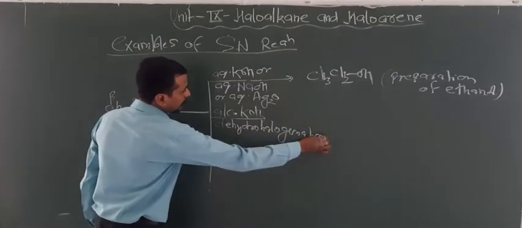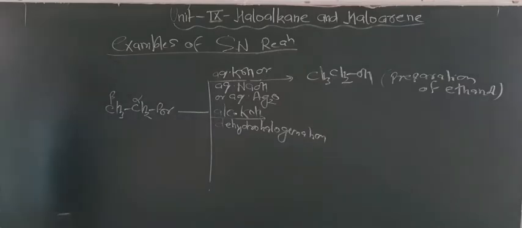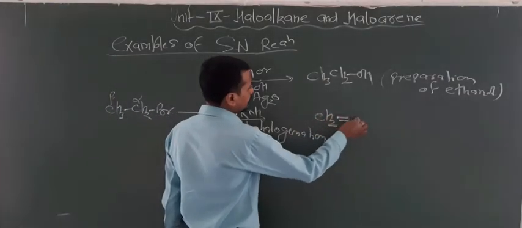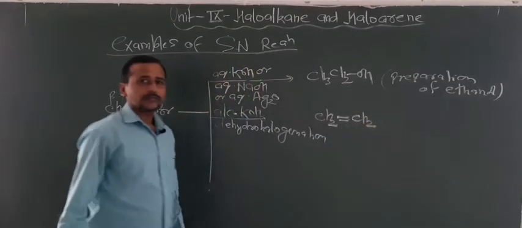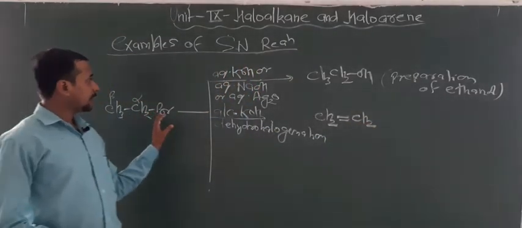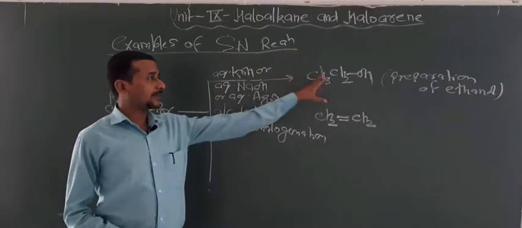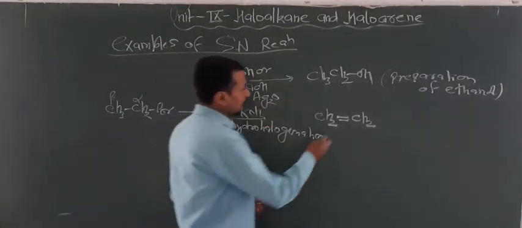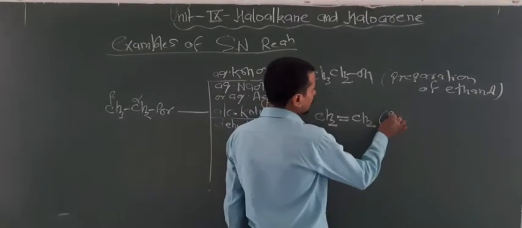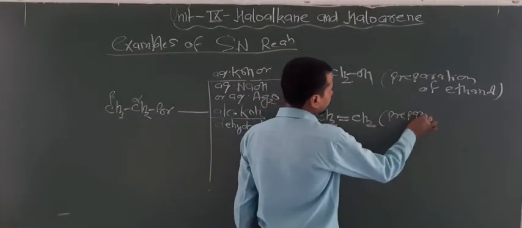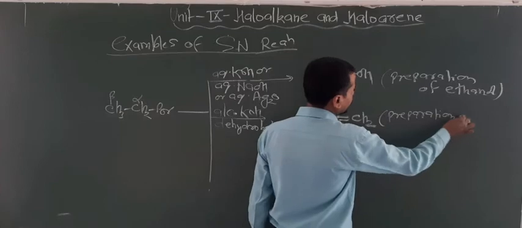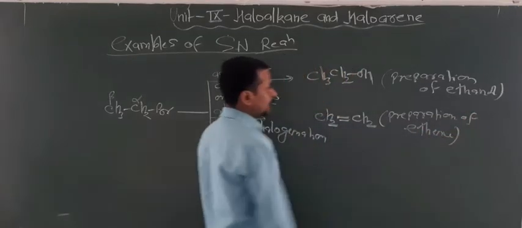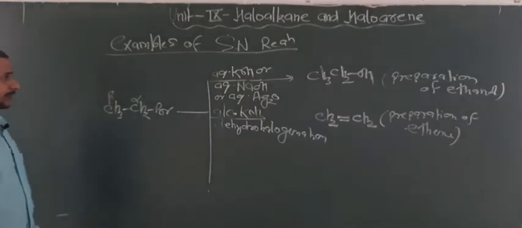Dehydrohalogenation, that is an elimination reaction, takes place, and by this it gives alkene. So look at the difference, aqueous KOH gives alcohol, but alcoholic KOH gives alkene. So this is a method of preparation of ethene, or you can say a method of preparation of alkene.